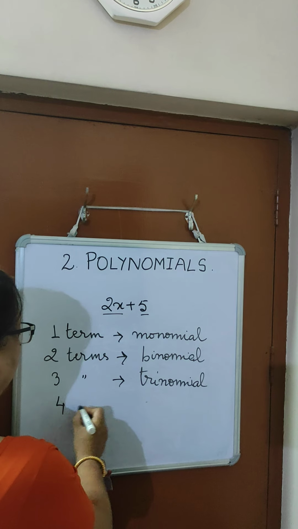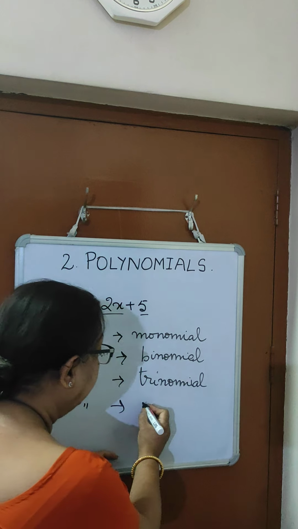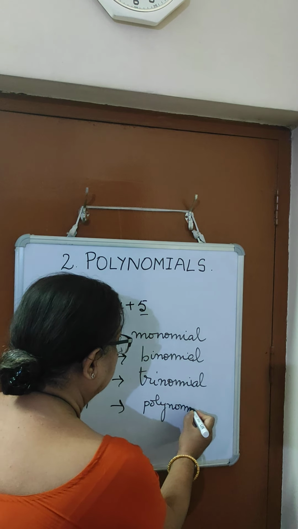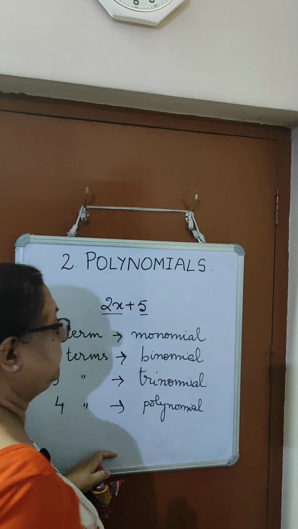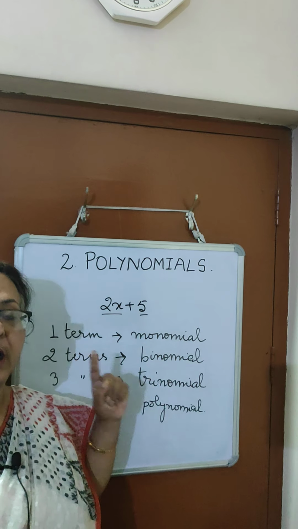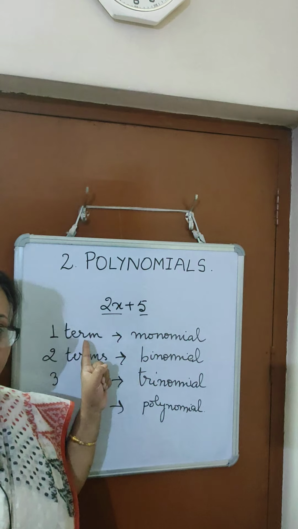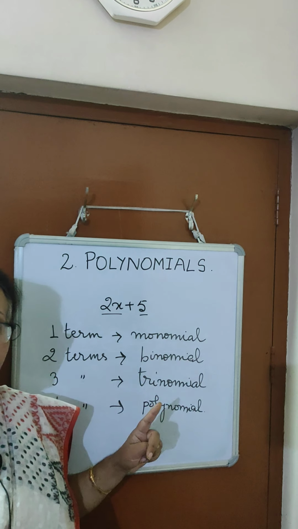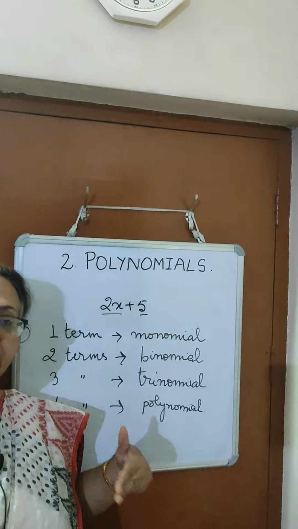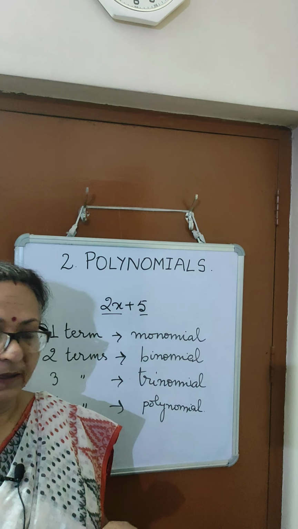And more than three terms, that is 4, 5, etc., we in general call it a polynomial. Okay, so depending on the number of terms, a polynomial can be a monomial when there is only one term, can be binomial having two terms. If there are three terms, we call it trinomial, and more than three terms in general is called a polynomial.